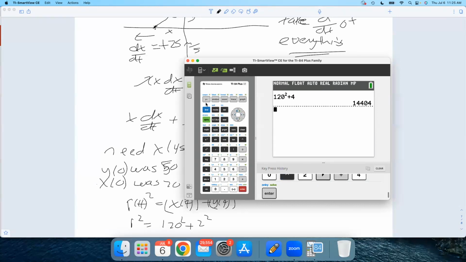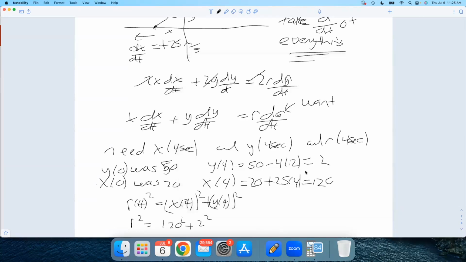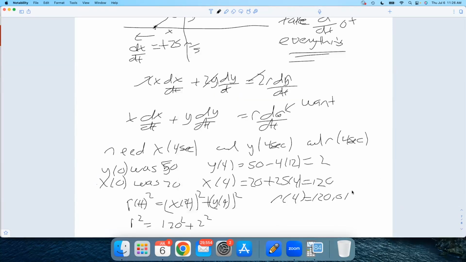And then we want to take the square root of that. It's 120.017 meters. That's the distance between the cars at that particular moment.